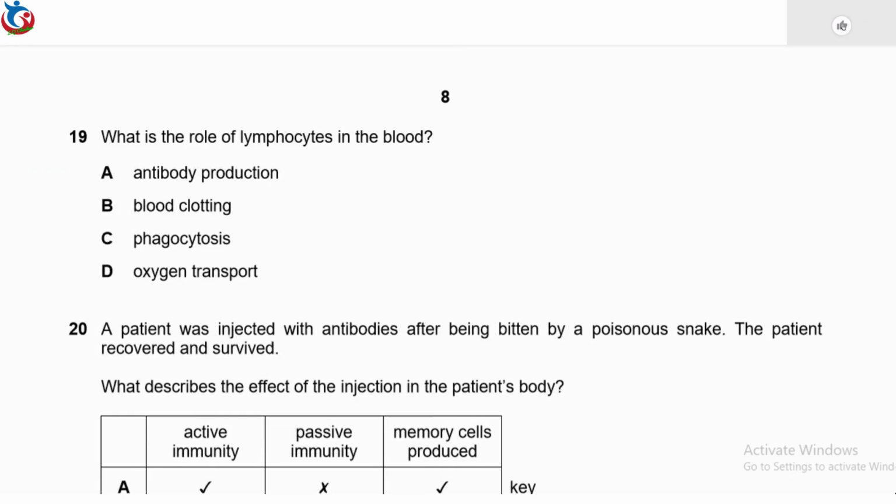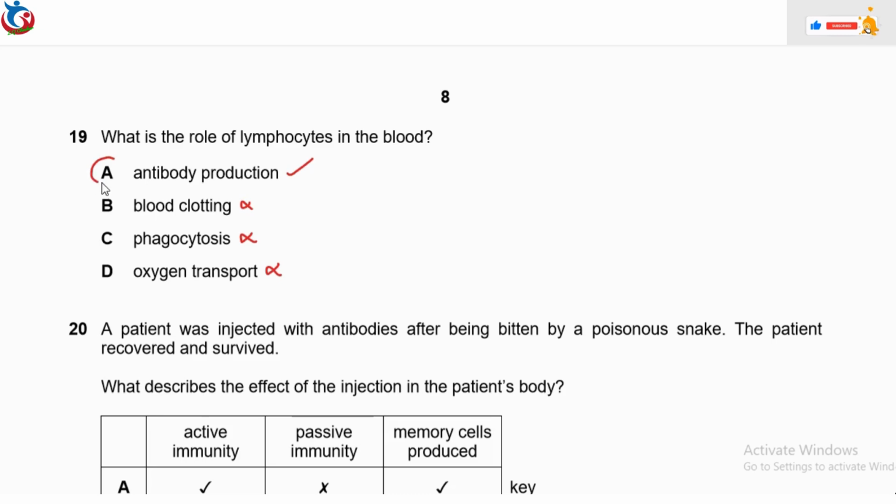Question 19. It says, what is the role of lymphocytes in the blood? The role is not blood clotting. Lymphocytes are not phagocytosis, is not oxygen transport, but rather is antibody production.